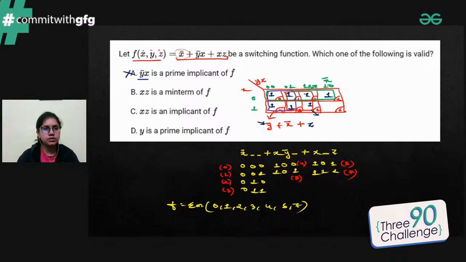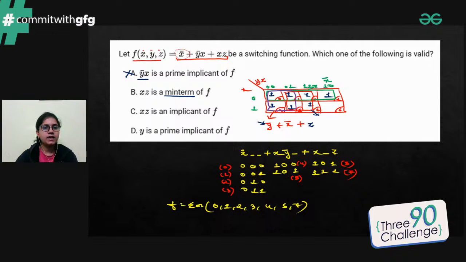Now let's see option C. Now xyz, the option is yz. So yz is an implicant of f. So can we say that xz is an implicant of f? No, it is not an implicant. It is a mean term. Just know the difference between implicant and mean term.